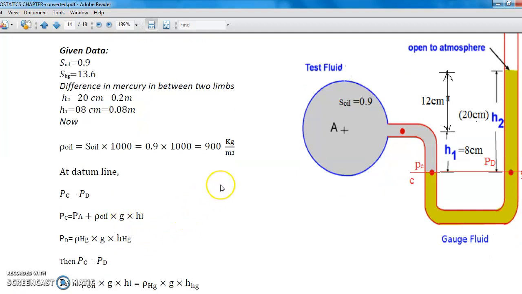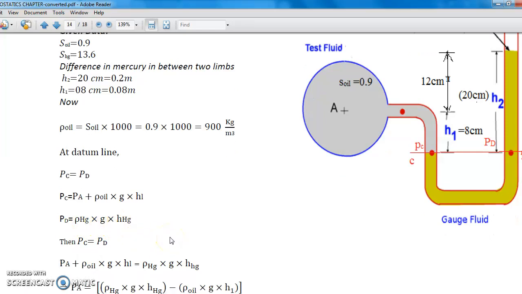Then you have to come to the right side. Right side, the notation given here is PD. On the right side, only the difference of mercury level, that is H2. So what is the pressure? Same thing, the density of the mercury into g into H2. Left side pressure PC you calculated, right side pressure PD you calculated.